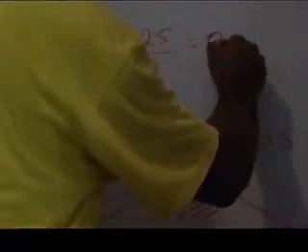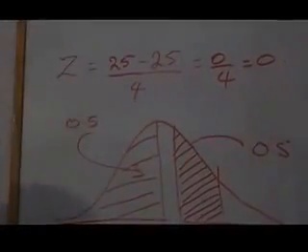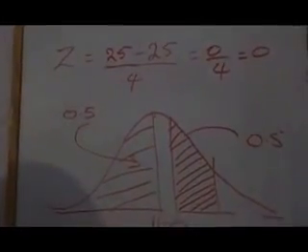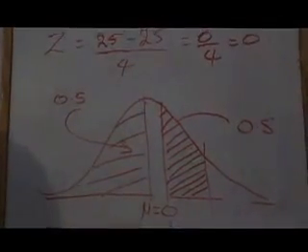And now 25 minus 25 is 0. And 0 over 4 is equal to 0. So what you'll have for the standard normal value, z is going to be 0 and z is going to be 1.75.